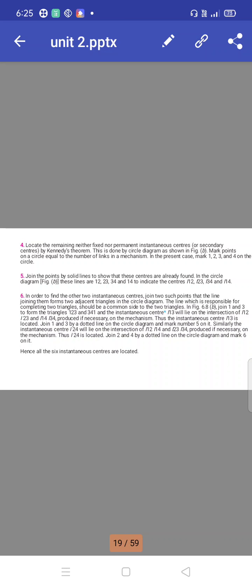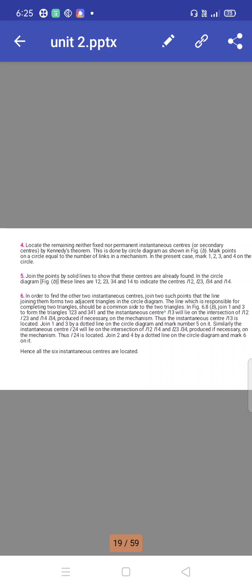Mark points on a circle equal to the number of links in the mechanism. In this present case, mark 1, 2, 3, 4 on the circle. Join the points by solid lines to show that these centers are already found. In the circle diagram, these lines are 1-2, 2-3, 3-4 and 1-4, to indicate the centers L12, L23, L34, L14.